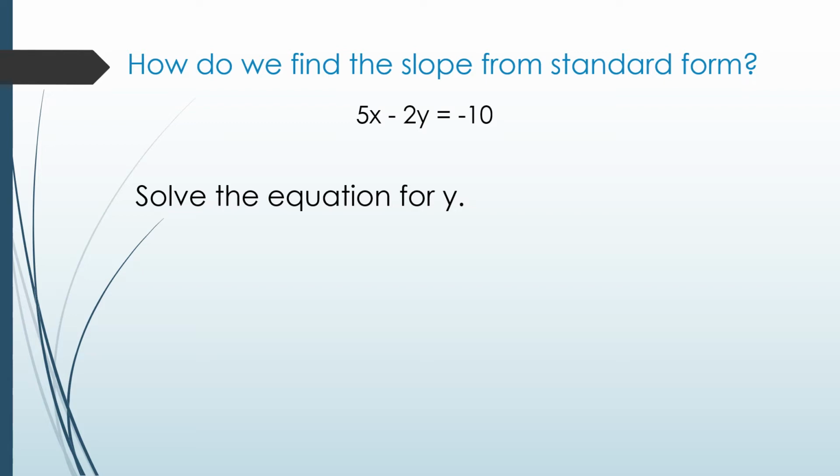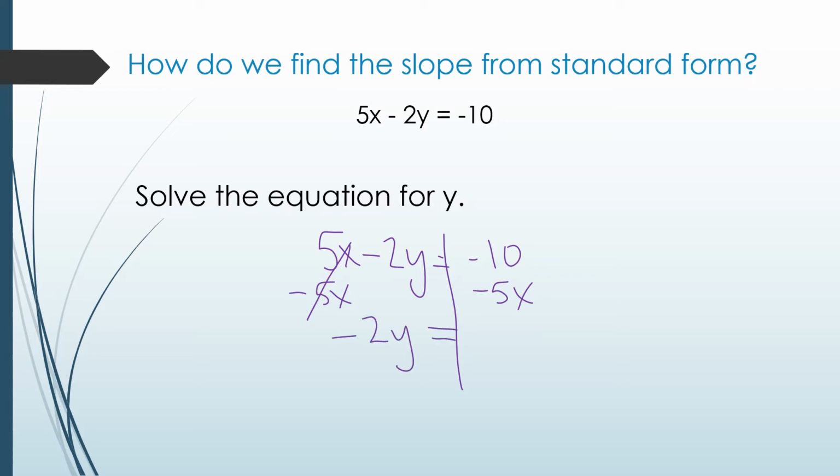Okay, so if I take my 5x minus 2y equals negative 10 here, make sure you're doing this on a piece of paper. This is part of the notes that I will want a picture of. I'm going to use my inverse operations knowledge, so I'm going to take this 5x and subtract it to the other side. So I get negative 2y equals, these are not like terms over here, so I have to write them separately, so minus 5x minus 10.